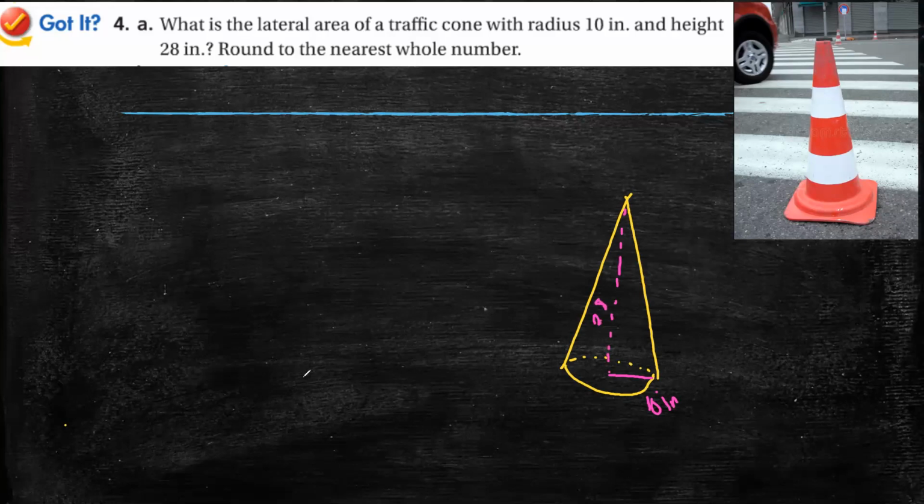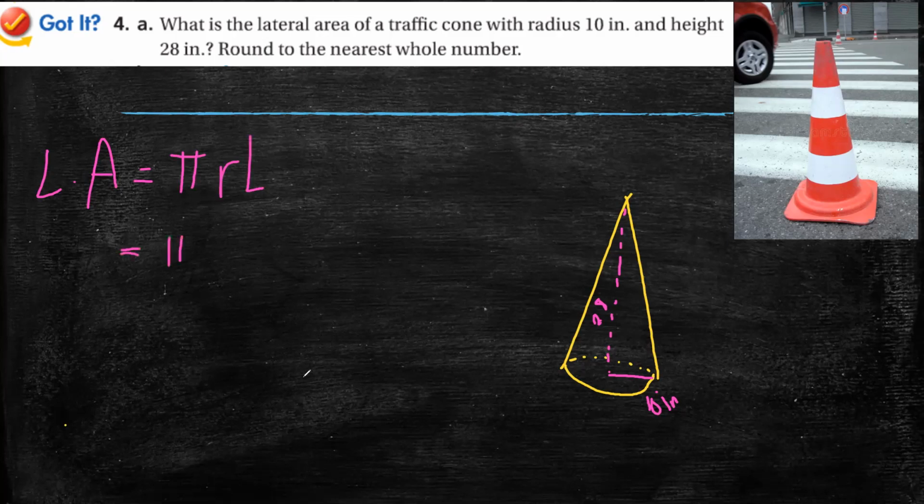Now, all of us know that the lateral area is pi RL. So I need the radius, which is given, which is 10, and also I need the slant height. But as I told you, the slant height here is not given.